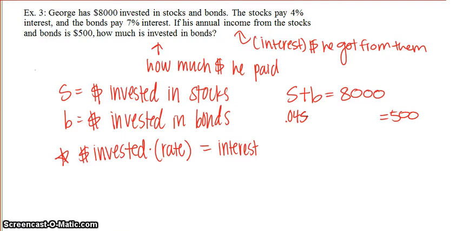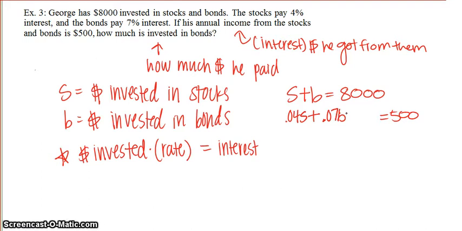But we don't know how much money he put in for stocks. We also need to add 0.07 times B because that is how much interest he gets from bonds. So however much he spent on bonds, which is B, times his rate will give you the interest.